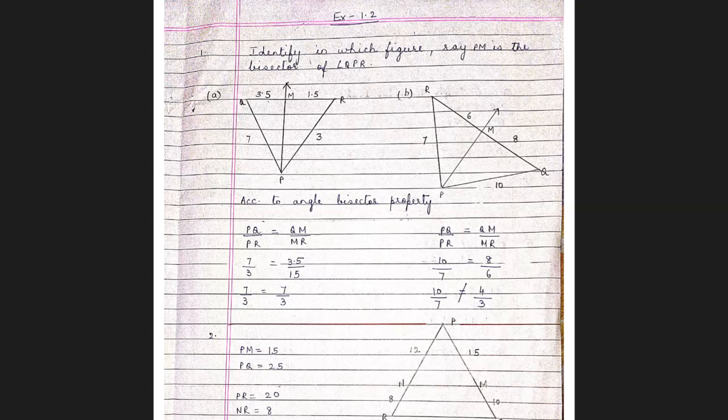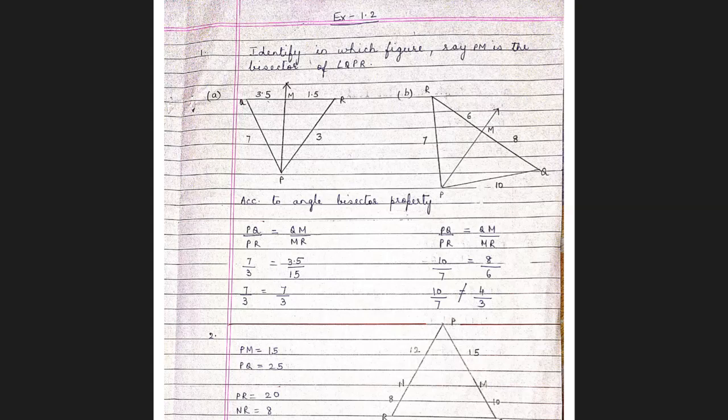Second, you have another triangle PQR again. You have to check whether PM is a bisector, same property. PQ upon PR is equal to QM upon MR. Substituting the values, 10 upon 7 is equal to 8 upon 6. 8 upon 6, when you reduce with 2, you get 4 upon 3.